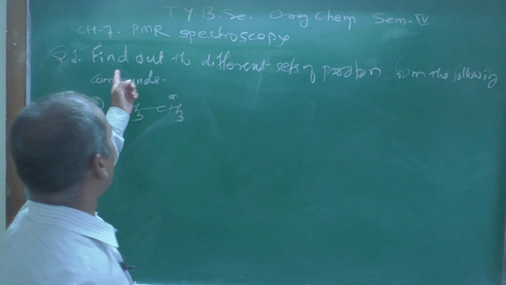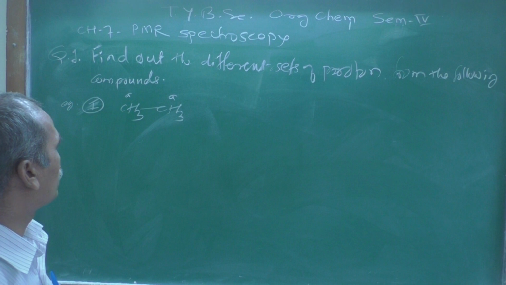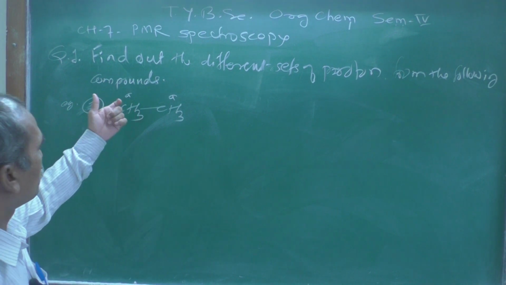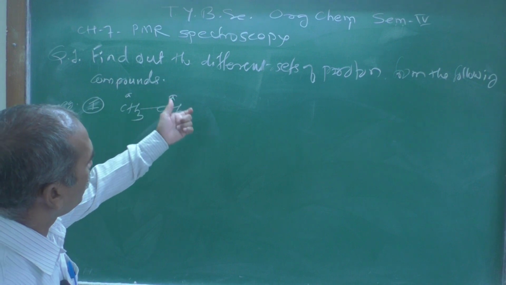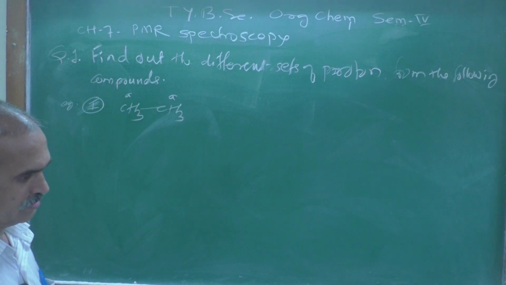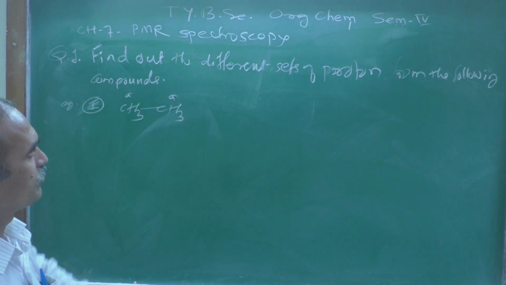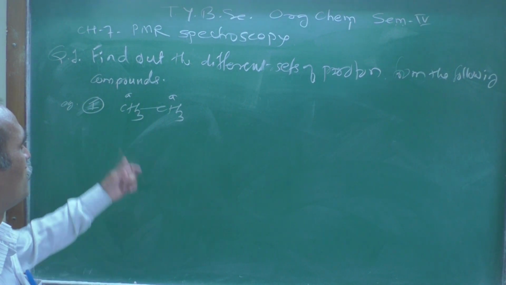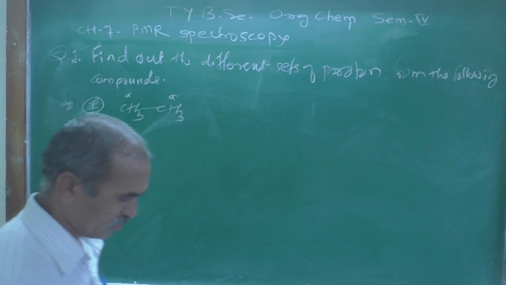Look at here. In compound first, there is only one type of proton, because both the methyl groups are identical. So that is the answer.